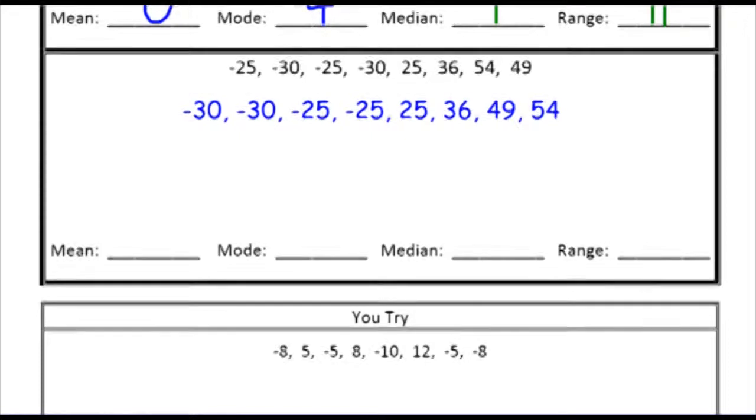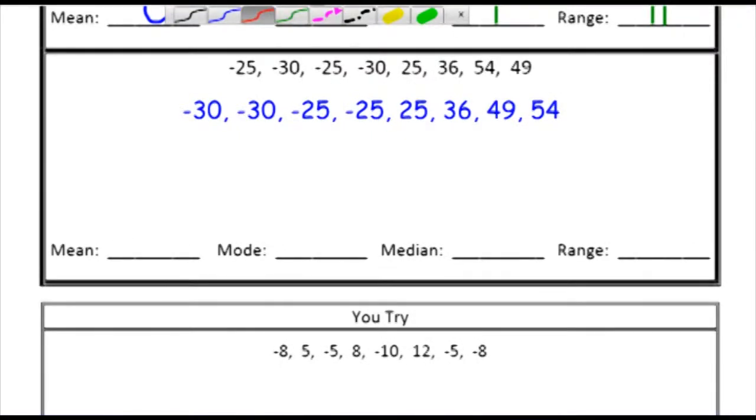To find our mean, we add everything up. Quick calculator moment. I'm going to pull out my calculator and we'll add these up real quick together. I have negative 30. Biggest trick is making sure you're putting in the negatives.